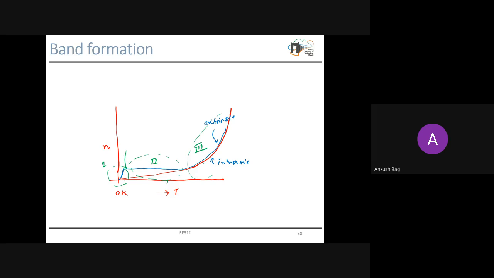That means, let's say these are all high temperatures, but if there is a 10-degree difference in the device, then the carrier concentration will change drastically. So it will change the overall device performance. That is why this is not the desired temperature range to operate our device.